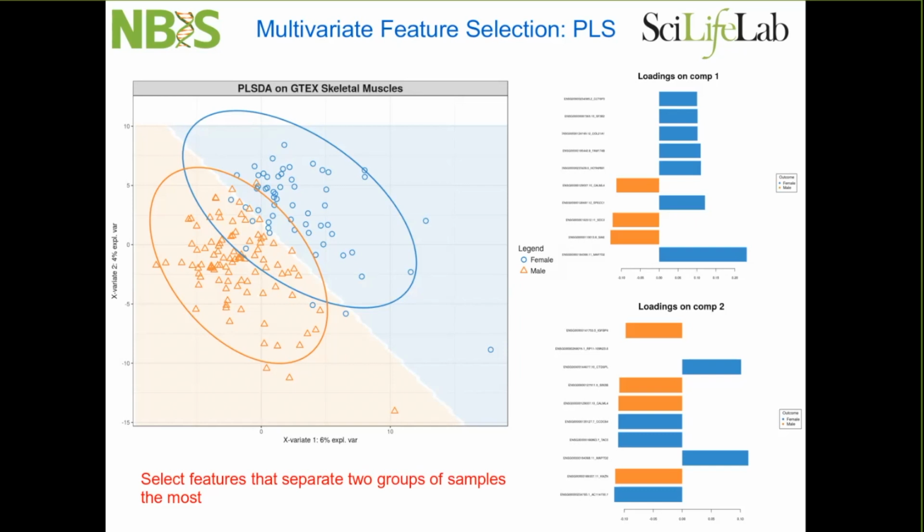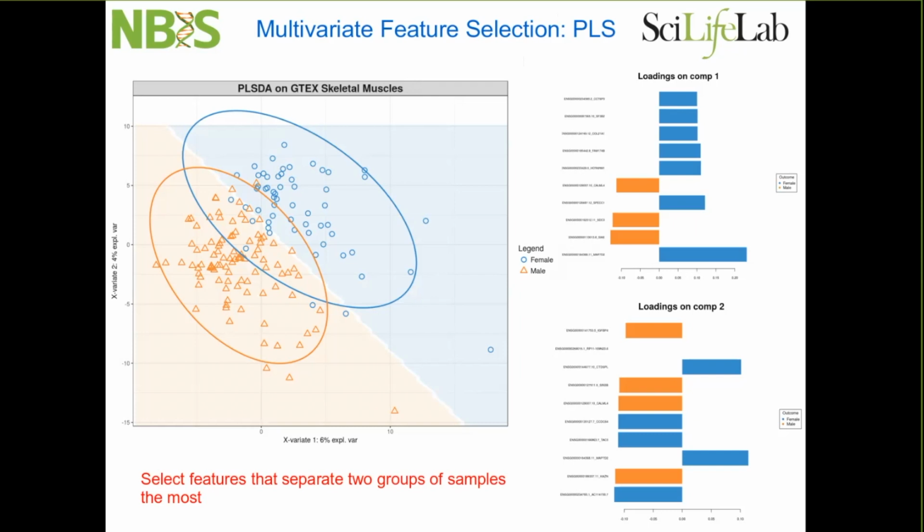Basically, Diablo is a PLS-based method. PLS stands for partial least square regression, or the author of PLS, actually a Swedish author, called it projection to latent structures. But this is too difficult. It's a difficult name.